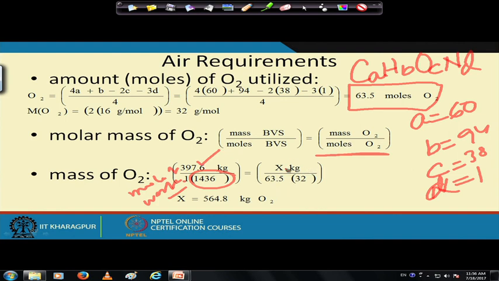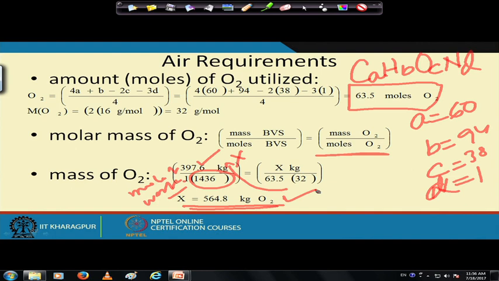You get that ratio, and you get x, which is 564.8 kg of oxygen. So this is the amount of oxygen required for 1 ton of waste coming in.